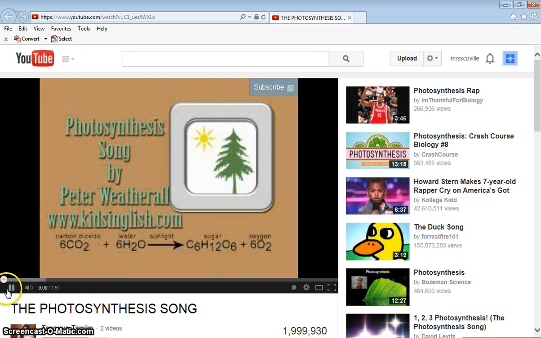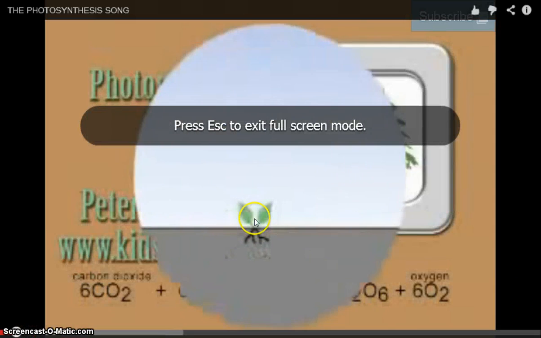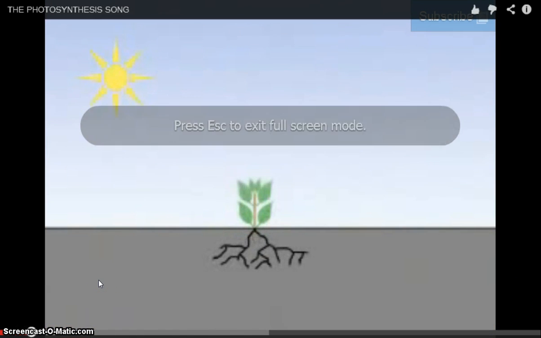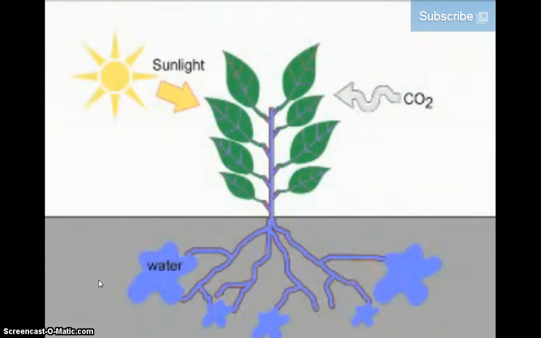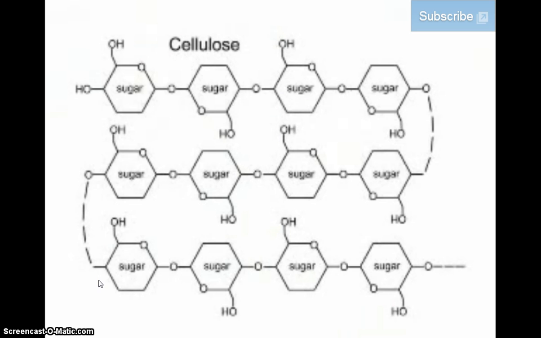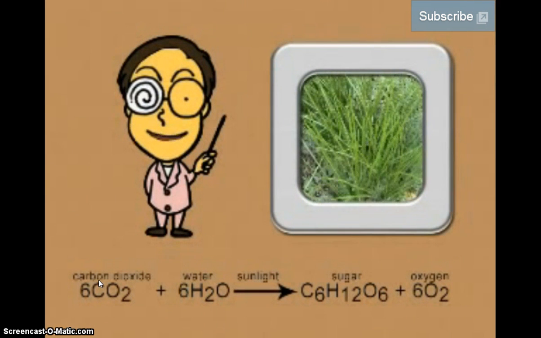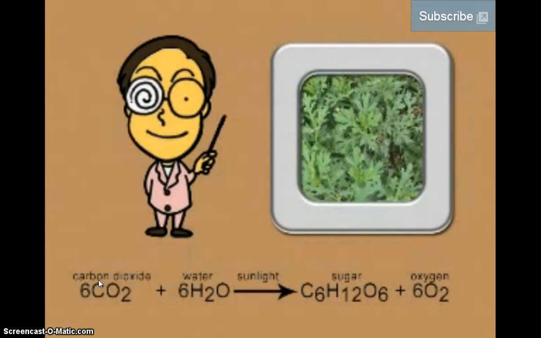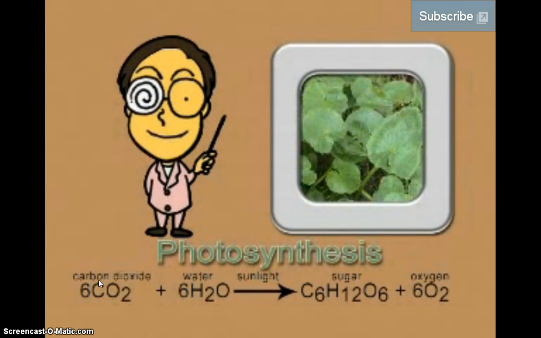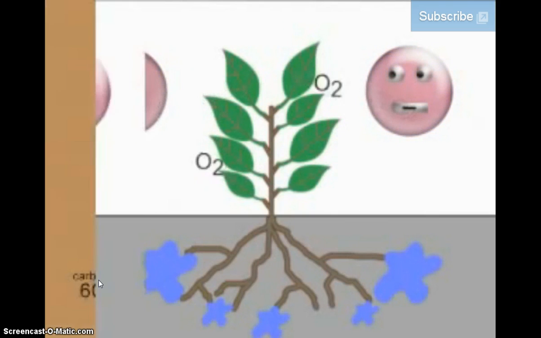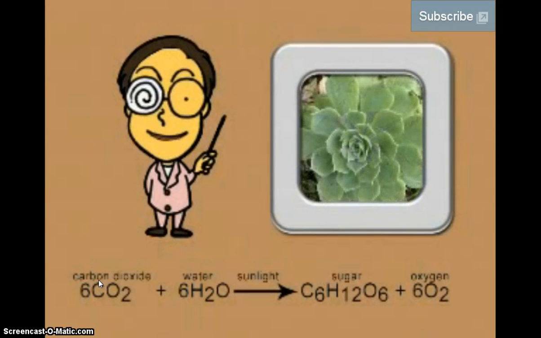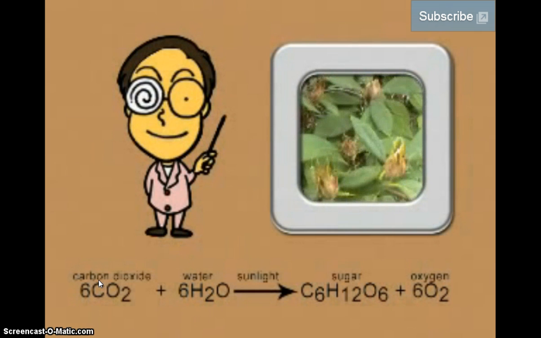If you want to know how a plant grows, it takes water, air, and sunlight, and makes cellulose. Every plant can do this fundamental process, and we can call this photosynthesis. Unlike me and you, plants need CO2, and they make oxygen that stops us turning blue.